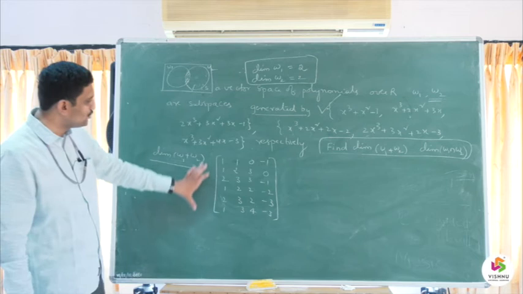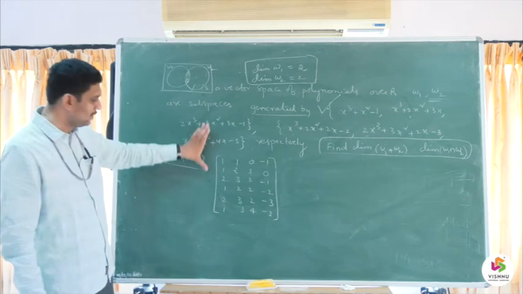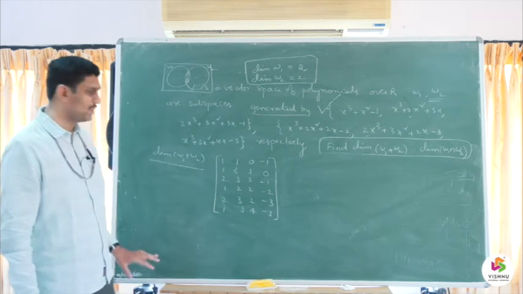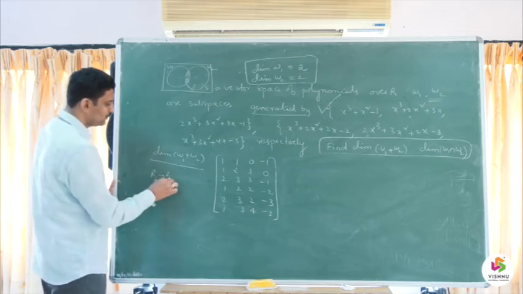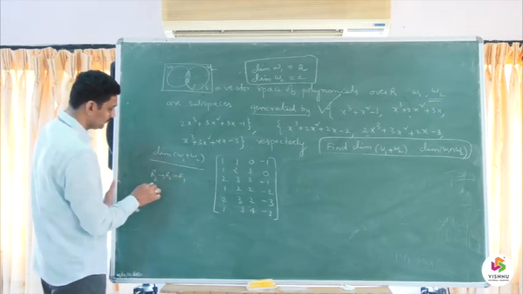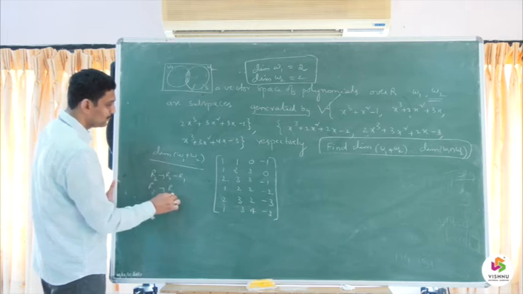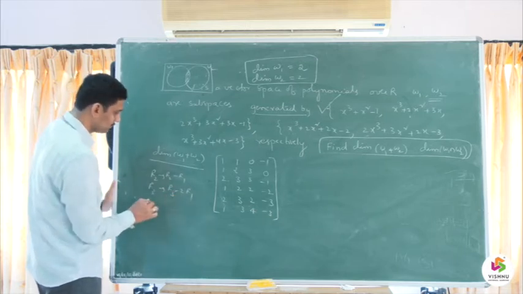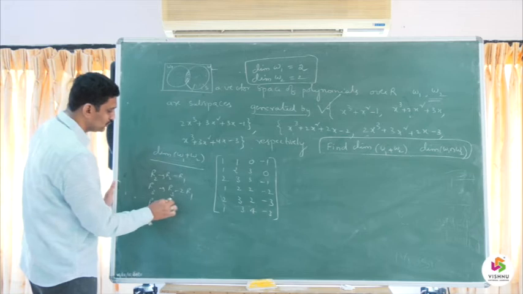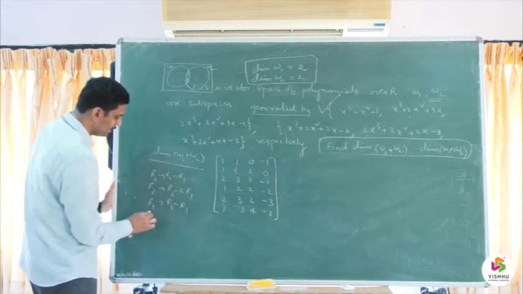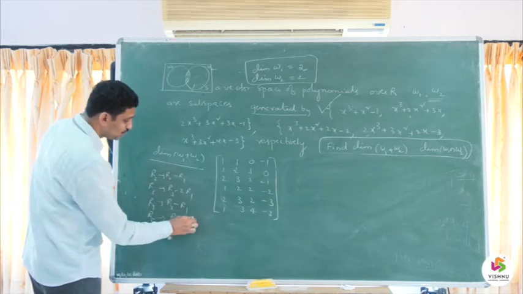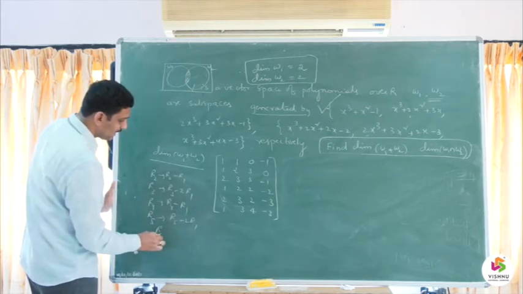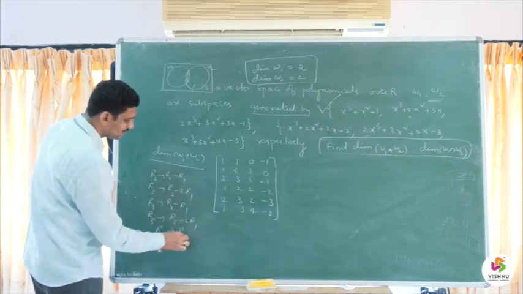So this large matrix I am taking here, and now I am applying the row operations. How will I apply them? R2 tends to R2 minus R1, R3 tends to R3 minus 2 R1, R4 tends to R4 minus R1, R5 tends to R5 minus 2 R1, and R6 tends to R6 minus R1.